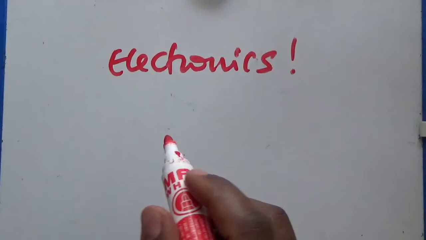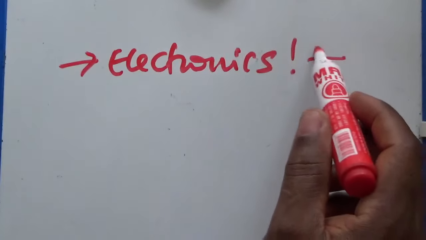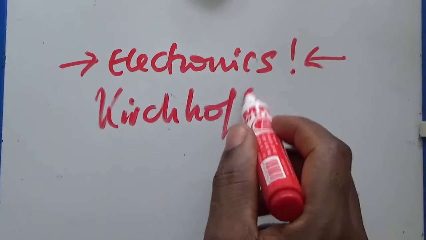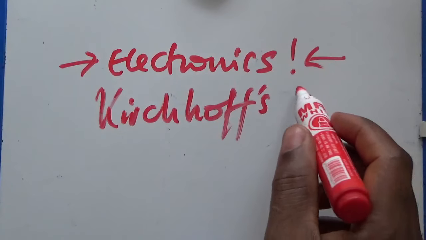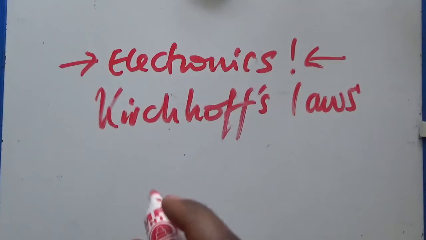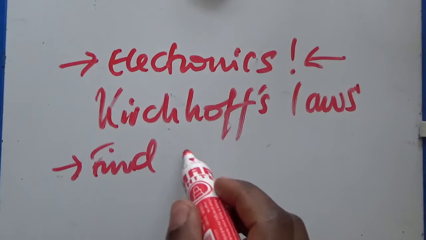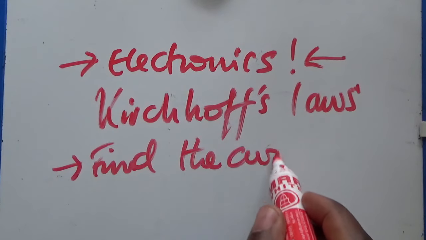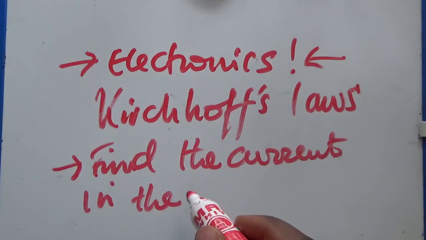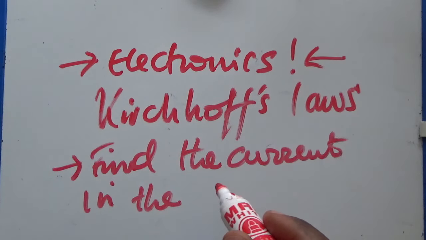Last time when we met, I talked of the Kirchhoffs laws and how to use them to find the current in a circuit and other things like the voltage, the potential difference across the circuit.